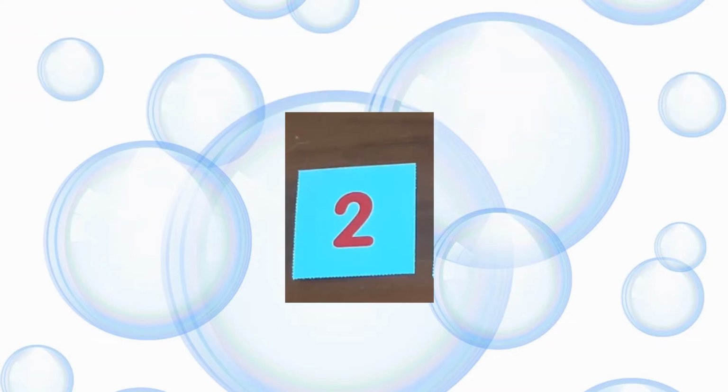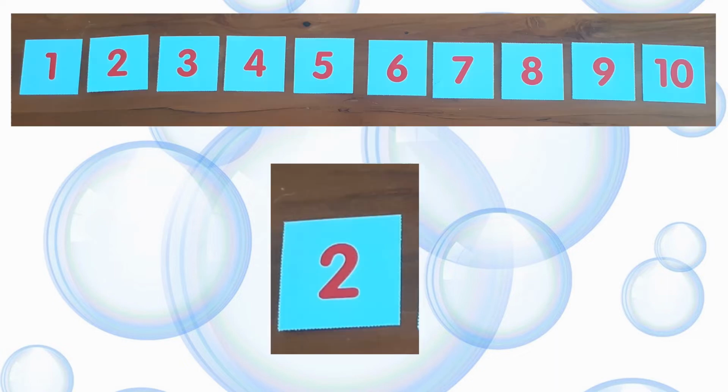What about the number 2? What number comes after number 2? Shall we check on the number line? So we find number 2, and the number that comes after 2 is 3.